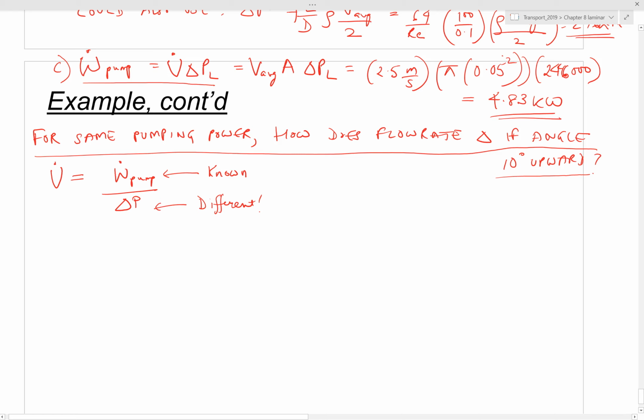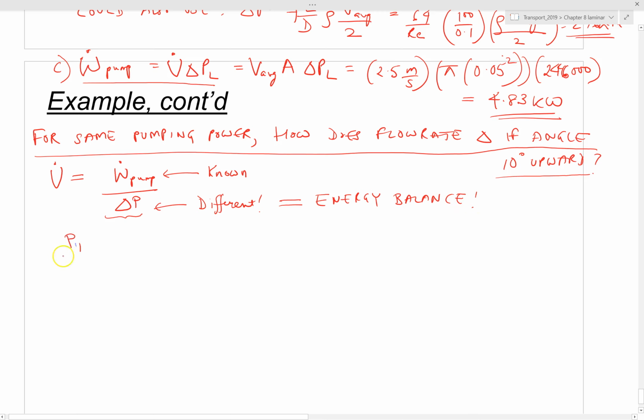Always remember that whenever you are asked to find pressure differences across a pipe, if delta P is unknown, your best bet is to always use your energy balance equation from chapter 5.